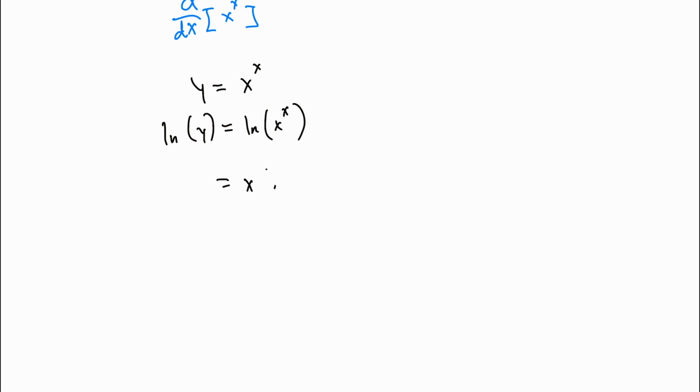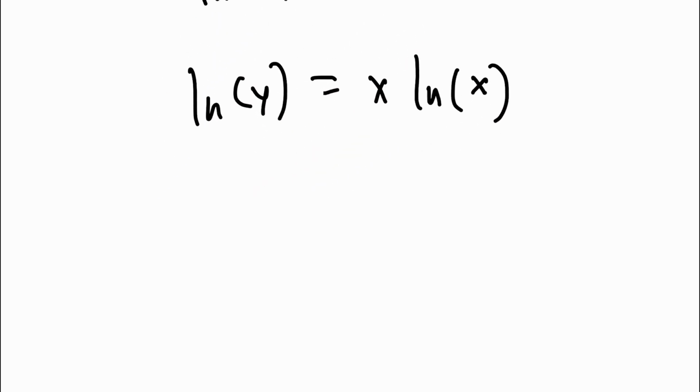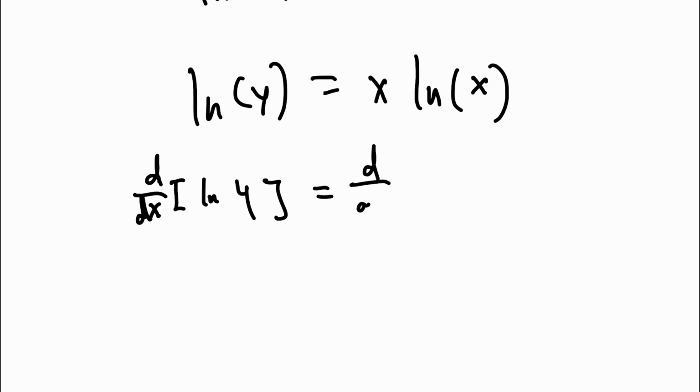So there'll be x times the ln of x, and that's just ln of y. And over here, we can do an implicit differentiation, and we will get the derivative with respect to x of ln of y equal to the derivative with respect to x of x times ln of x.